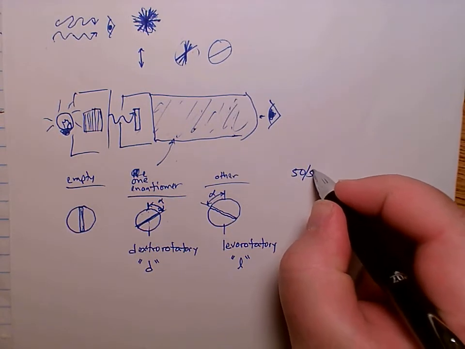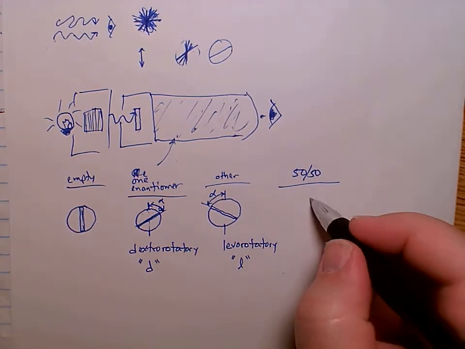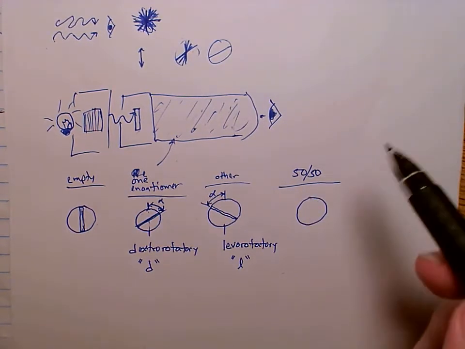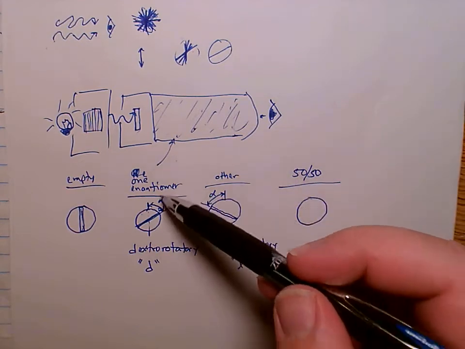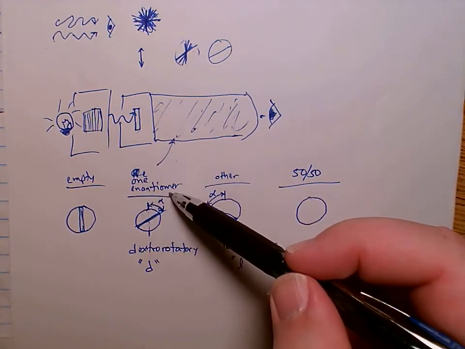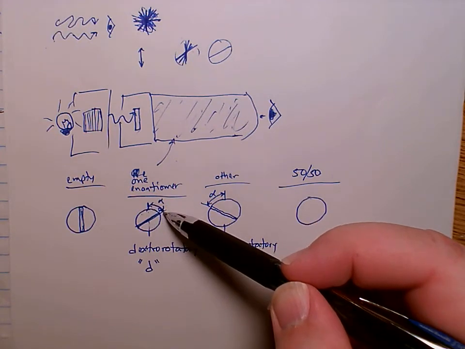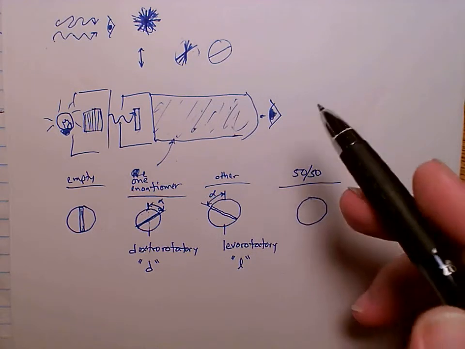What if you had a 50-50 mixture of the two enantiomers? Note, if you had an exact 50-50 mixture of the two enantiomers, when the plane polarized light interacts with one of the enantiomers, it wants to rotate it to the right, but then if it hits the other enantiomer, that's going to make it rotate back to the left.